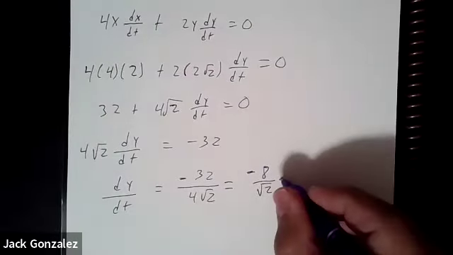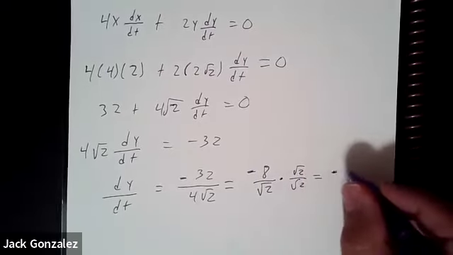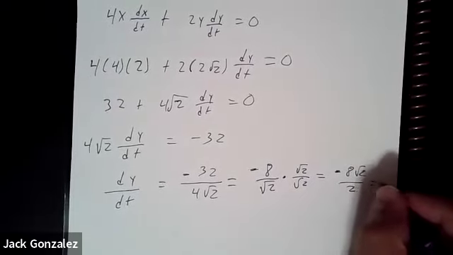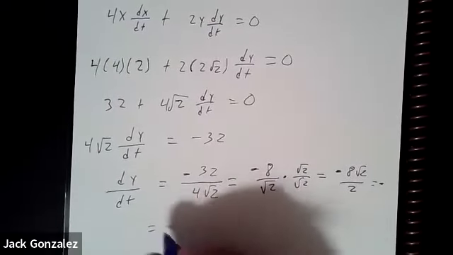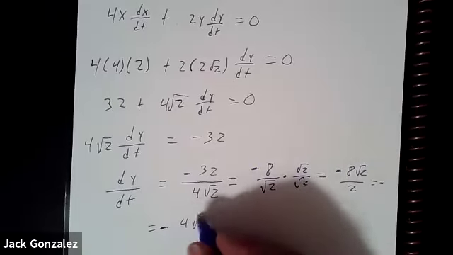If that happens, multiply by root 2, that'll get us negative 8 root 2, which will finally get us to our answer, 4 root 2.